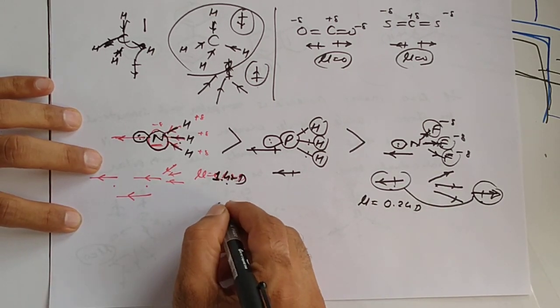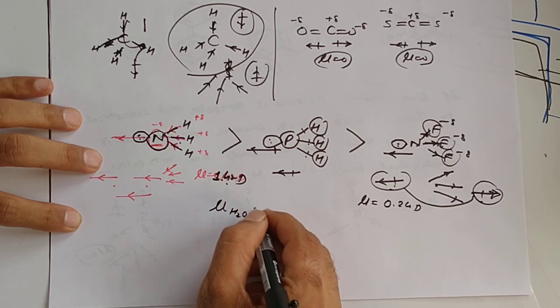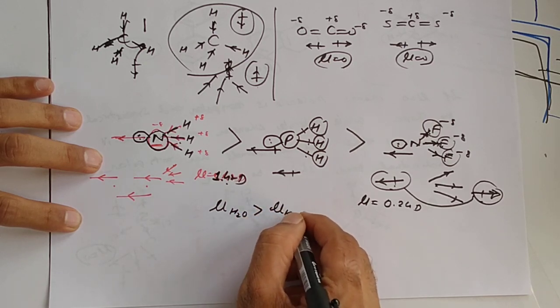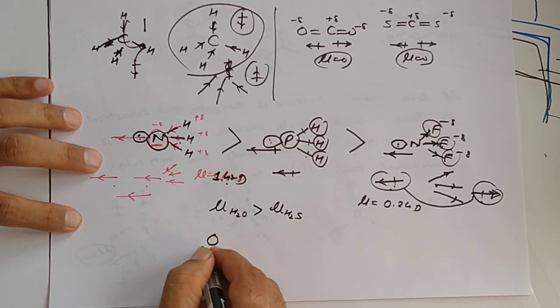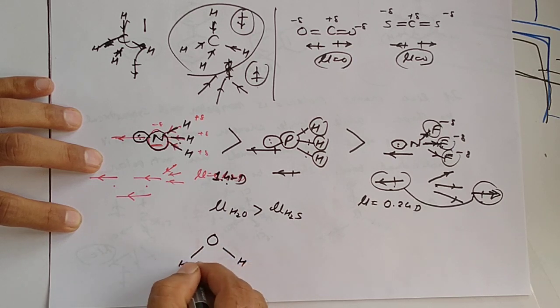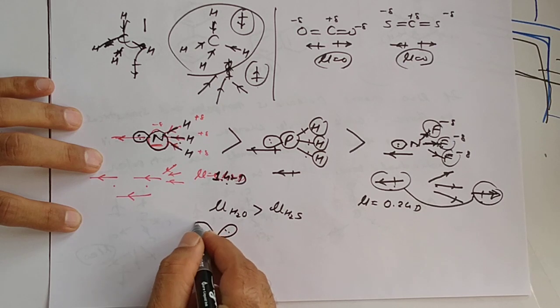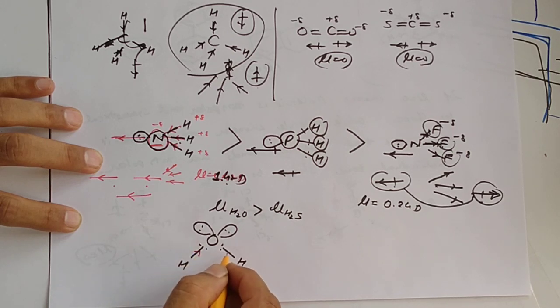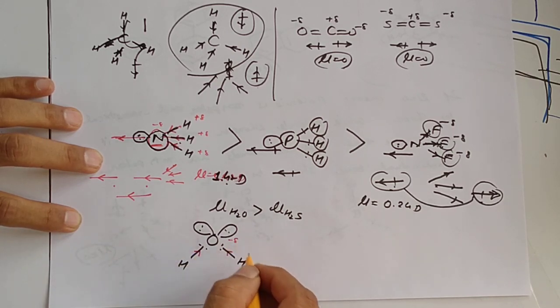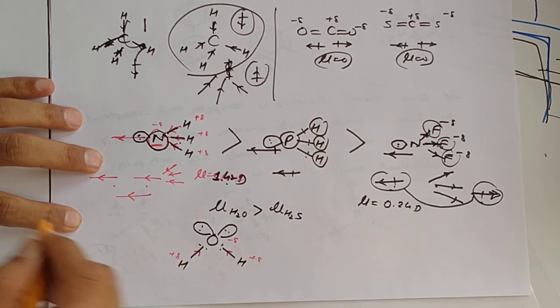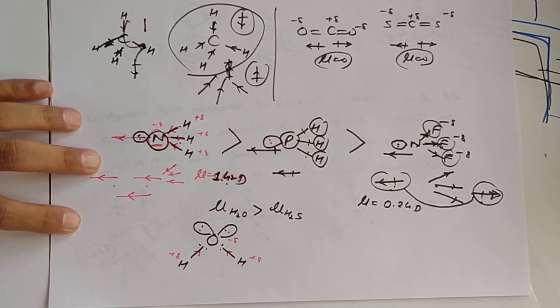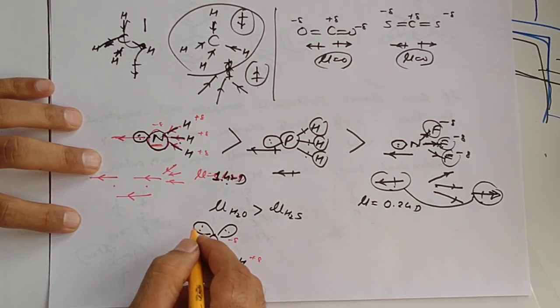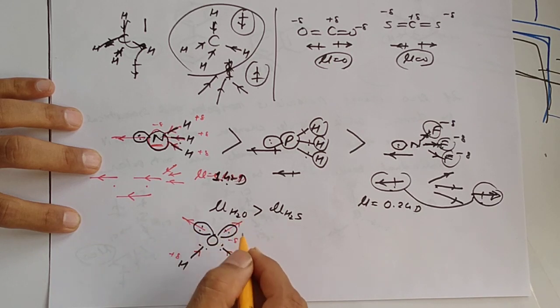Now the dipole moment of water is higher than H2S. In water, 2 hydrogen and 1 oxygen. Here 2 lone pairs and 2 bonding pairs. So polarity is toward hydrogen to oxygen, because the electronegativity of oxygen is higher than hydrogen, and these two in this direction.